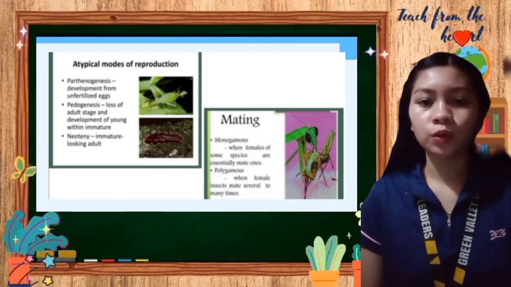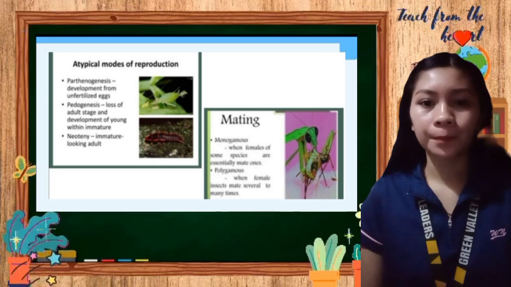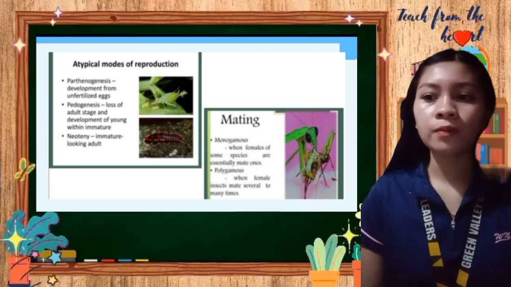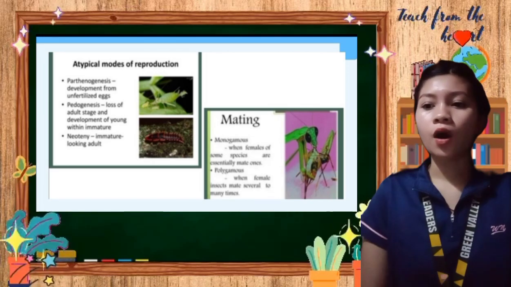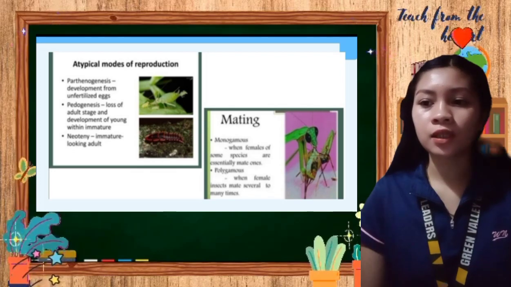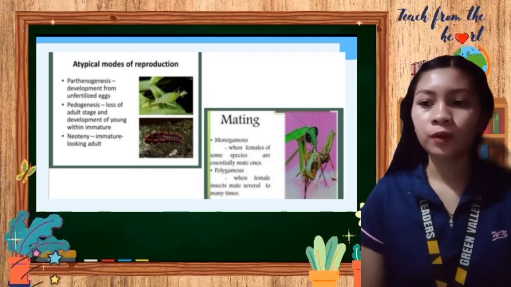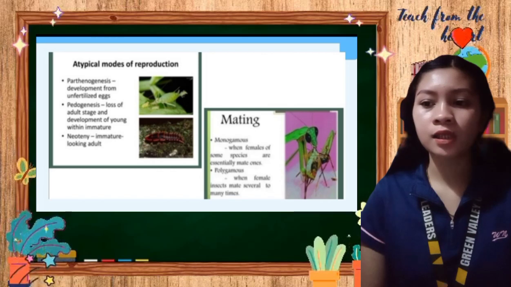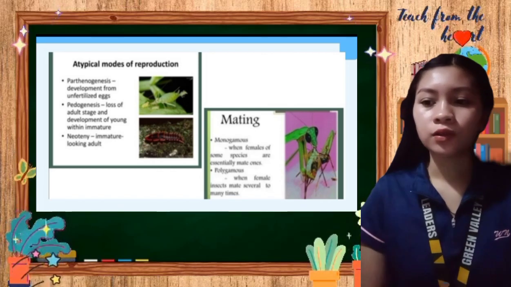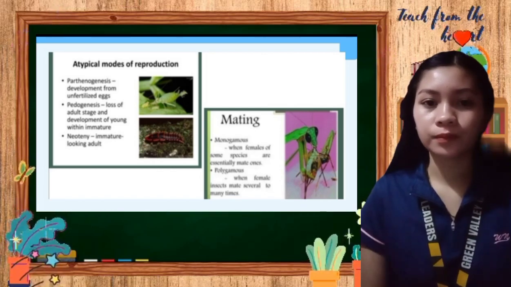Neoteny, immature-looking adult. Mating. Monogamous, when females of some species essentially mate once. Polygamous, when a female insect mates several to many times.